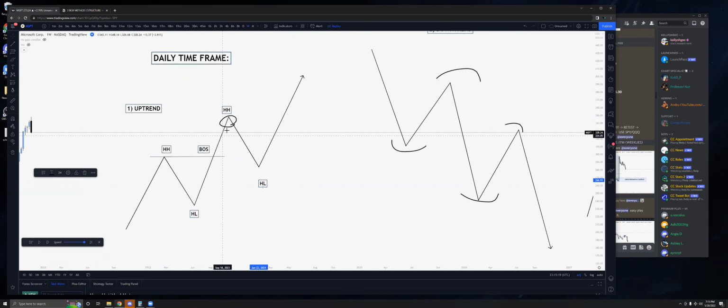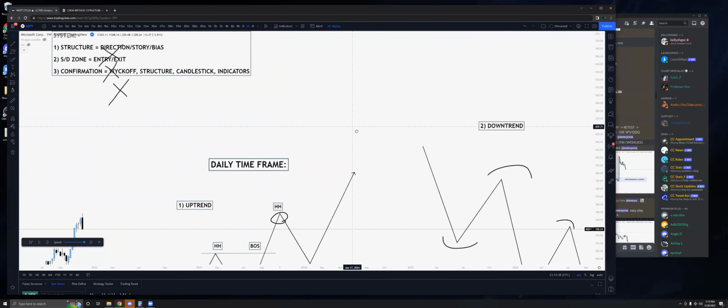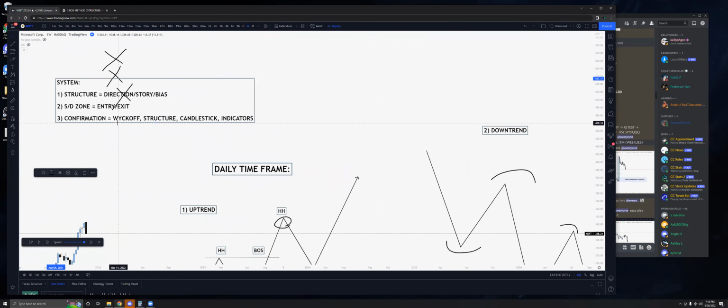So this whole uptrend right here, since I'm talking about the daily time frame, it can work on a 4 hour, it can work on a 2 hour, it can work on a 1 hour, it can be a 5-minute chart, it can be a 1-minute chart. It's the same thing. Nothing changes. Structure is structure. But to learn about market structure, you look at the bigger picture.